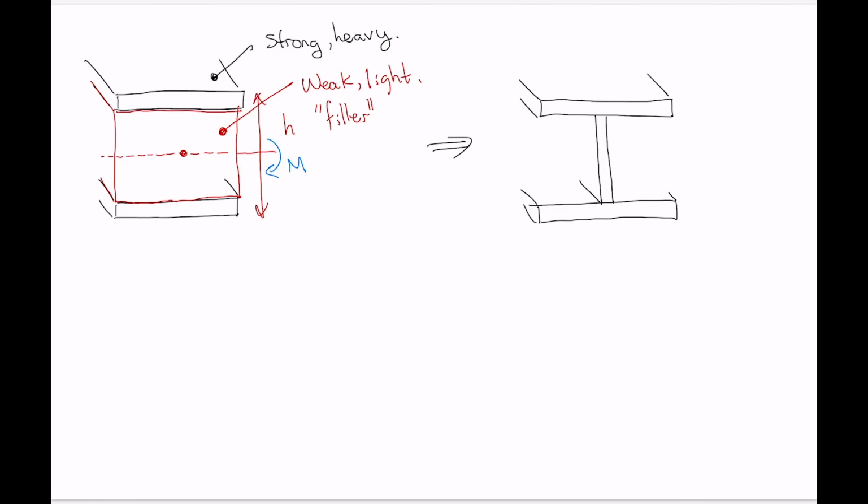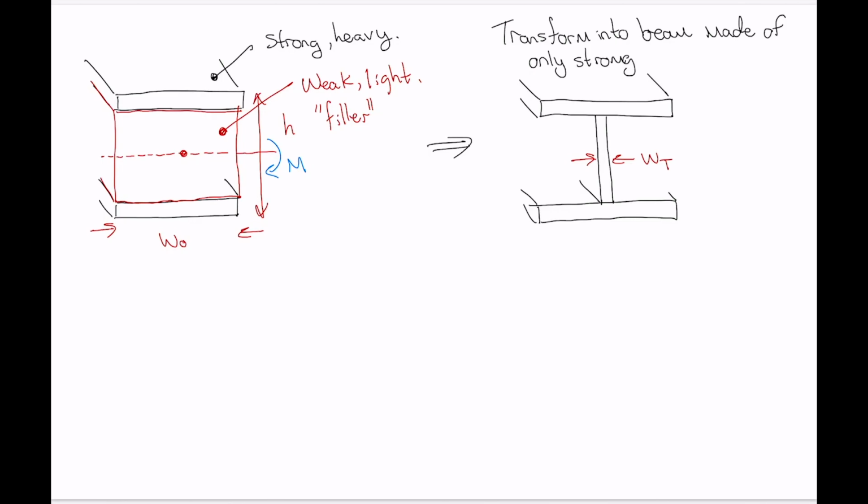So if this dimension here is the original width of the beam, W0, then this dimension here is the transformed width, W subscript T. So we transform into a beam made of only strong material.